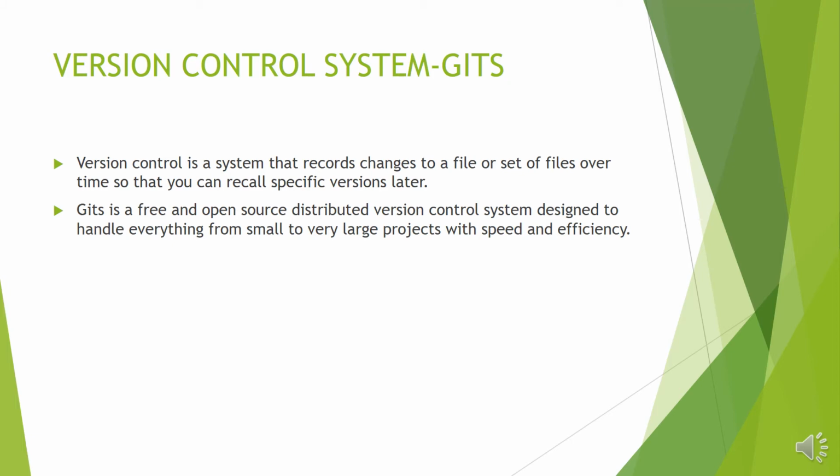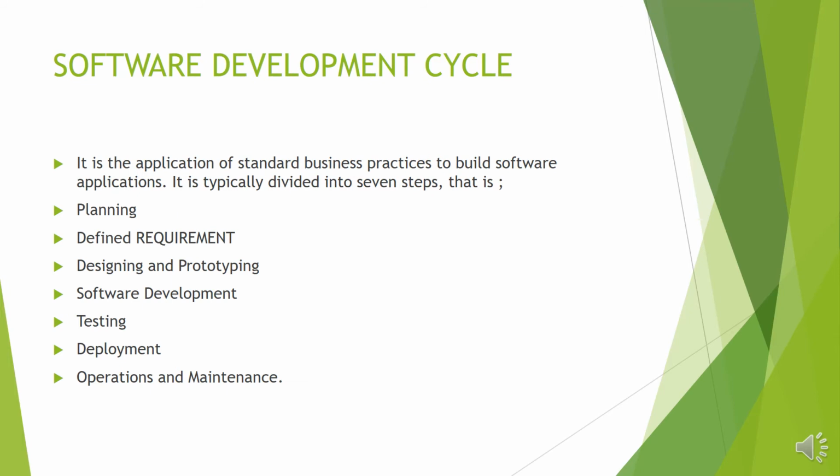And Git is a free and open source distributed version control system designed to handle everything from small to large projects with speed and efficiency. As I said, they keep records of whatever we do. So this is the version control system using Git.